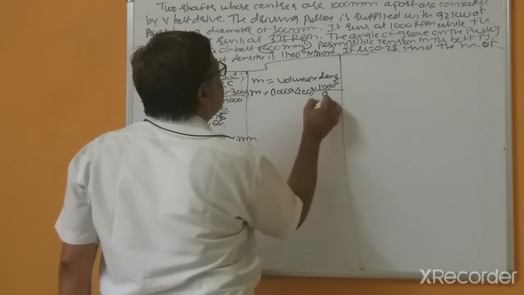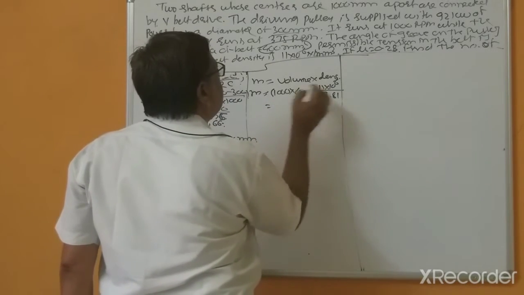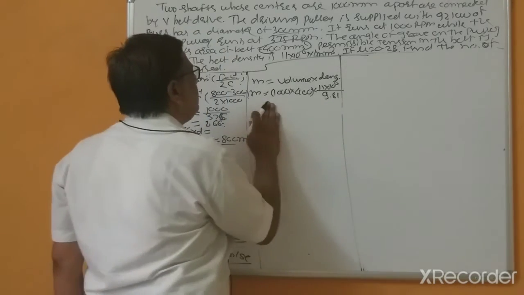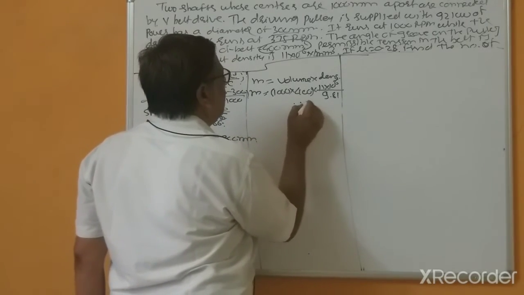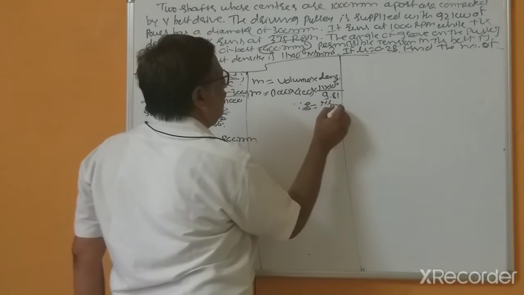Now this is divided by 9.81, because density is in Newton per mm cube.